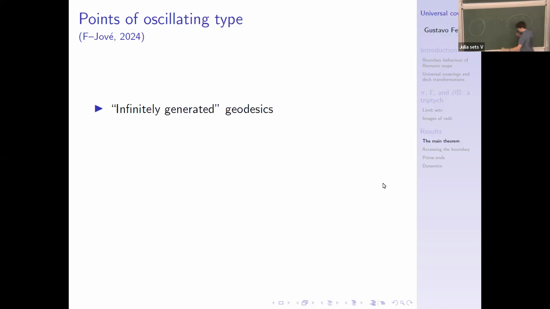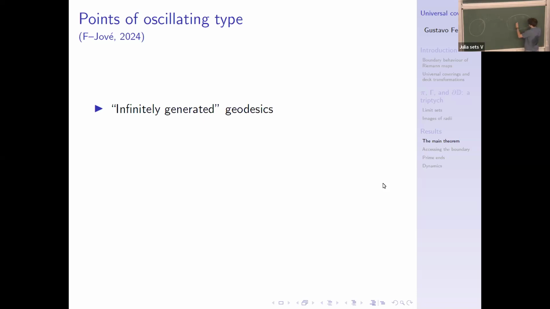In this domain that I drew, I have all of these holes, infinitely many holes to choose from, and they're tending to these big boundary components. So I can take infinite sequences of elements of the fundamental group.